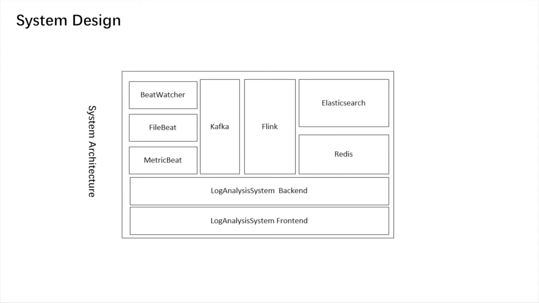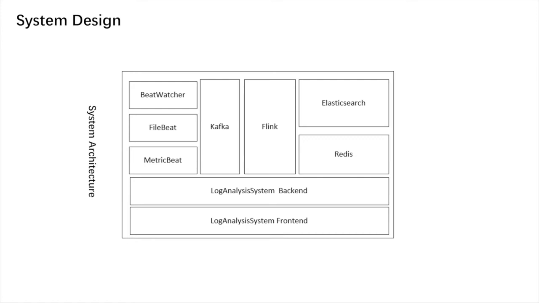The image shows the architecture of the whole system, in which users interact with the front end of our system. The backend processes request messages from the front end. Data is collected through file bit and metric bit.